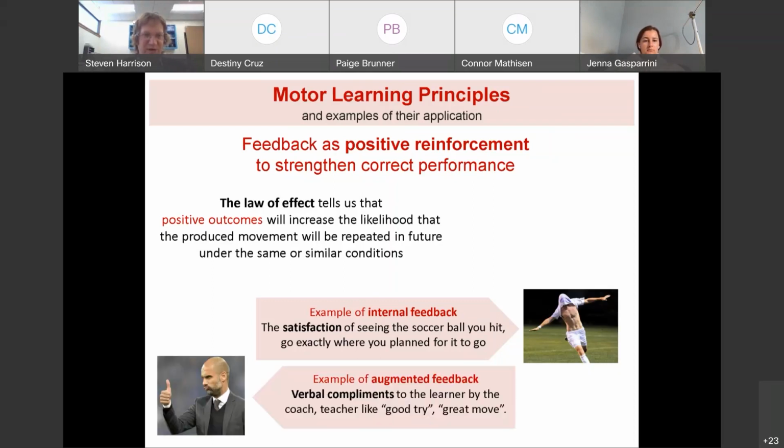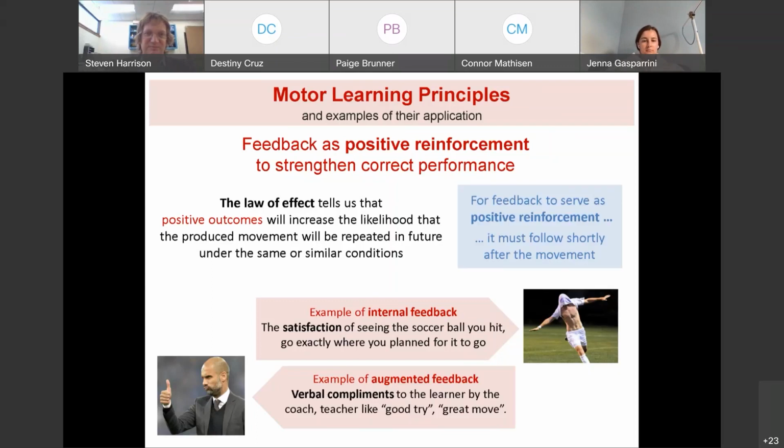In the case of augmented feedback, providing a verbal compliment such as "good try" or "great move" is going to tap into the same basic mechanism. So, in order for feedback to serve as positive reinforcement, it must follow shortly after the movement.